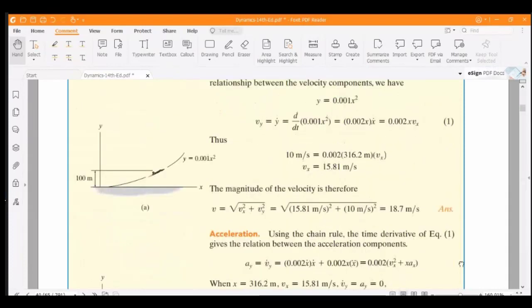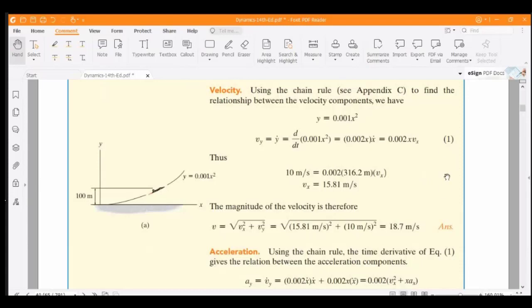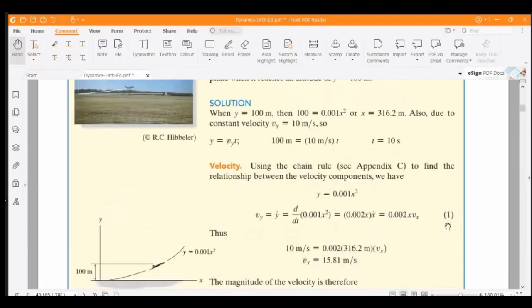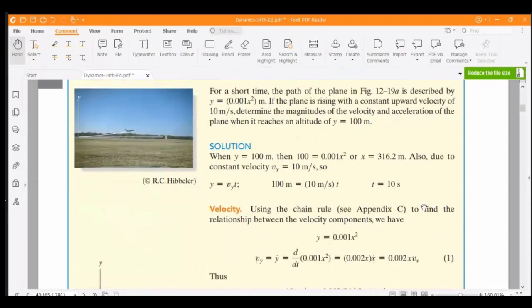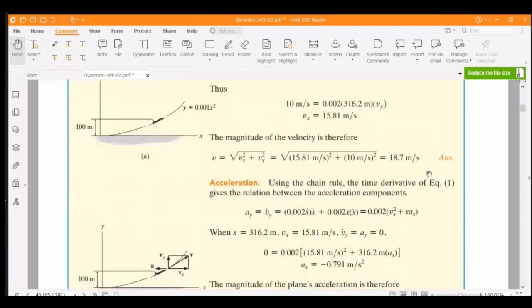Okay, have they asked to find the direction? What have they asked in the question? Determine the magnitude of velocity and acceleration of the plane. So we don't need the direction.